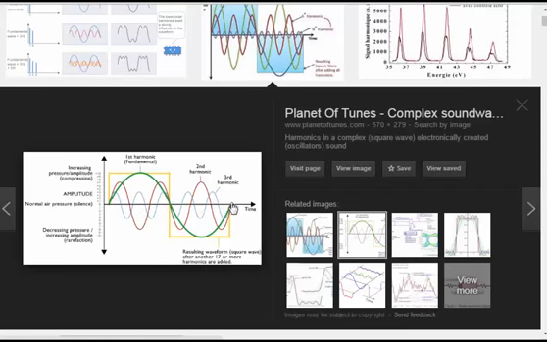This is the time period. Within the time period of the fundamental frequency, it has 1, 2 and 3 signals. The frequency is 3 times larger than the frequency of the fundamental signal. The fundamental signal has a frequency f, and this second harmonic will have frequency 3 times f.